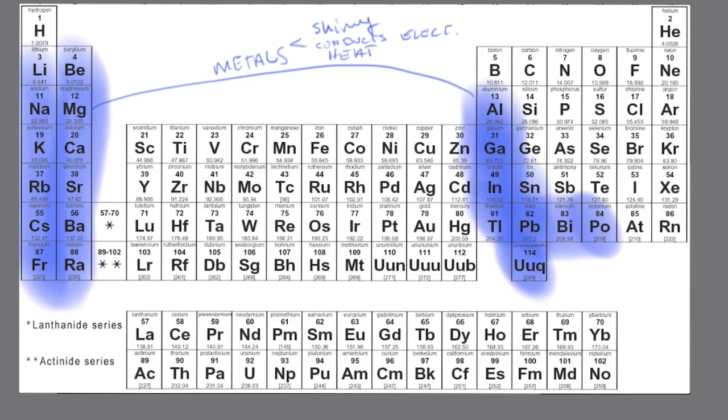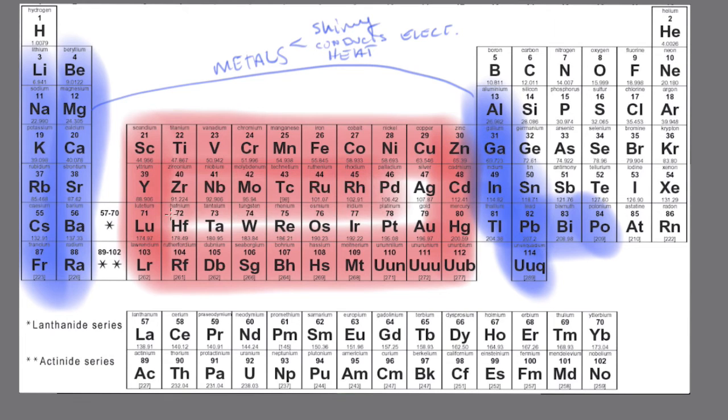In red, I'm going to highlight the middle section here, which are called the transition metals. So these are not the same as the metals in blue, but they do share a name that sounds like them. So it's a type of metals, but we call them transition metals.